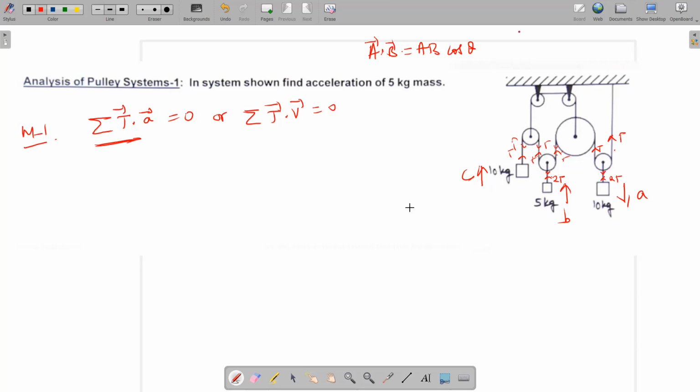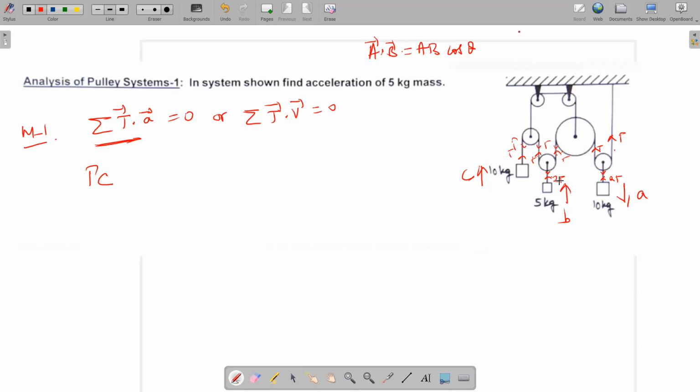So you can see that tension is upward, acceleration is upward, so both in the same direction. We are not considering the massless pulley, we'll consider only the blocks.